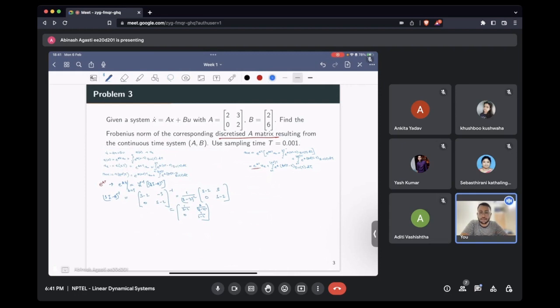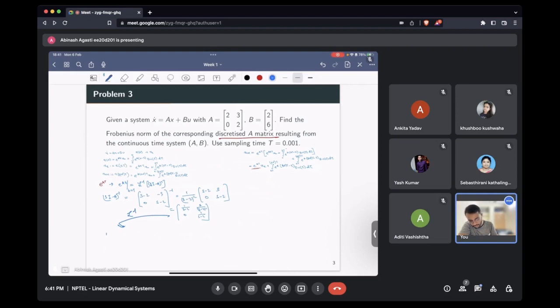Okay, is it clear up till this point? Any doubts? Then I want to find out the Laplace inverse of this matrix, right? We'll do that element wise.